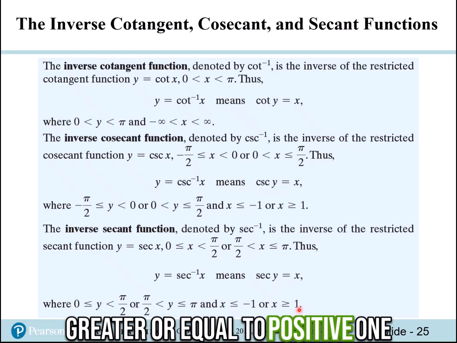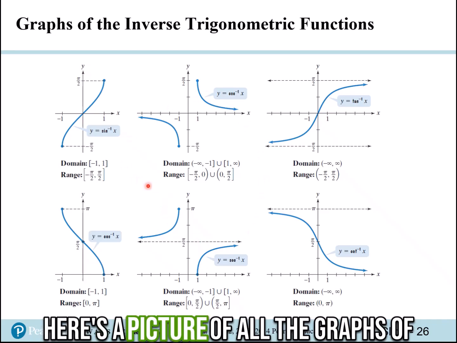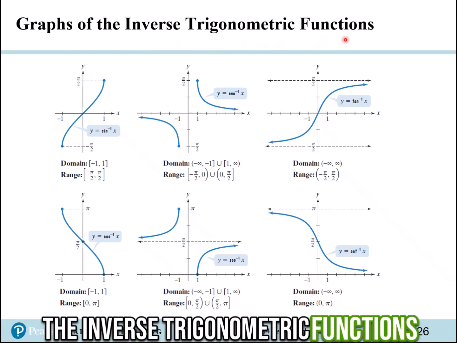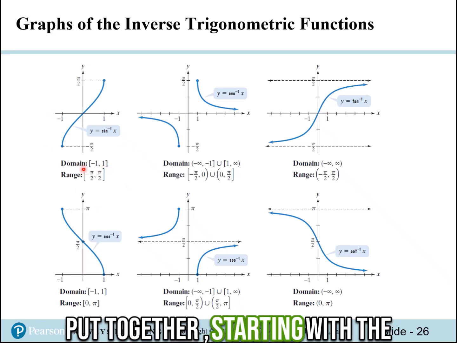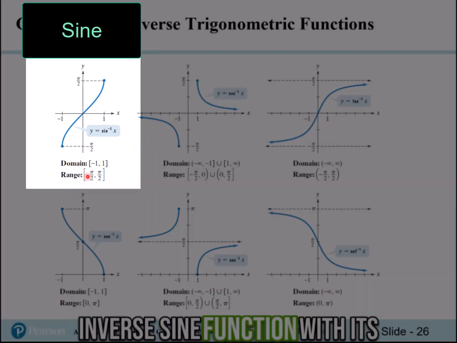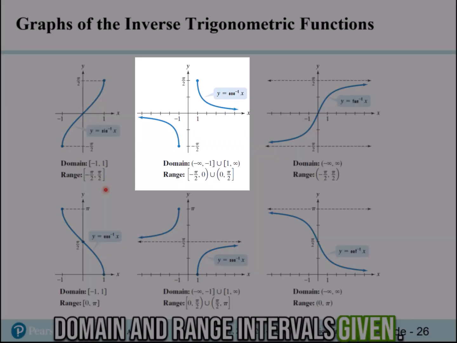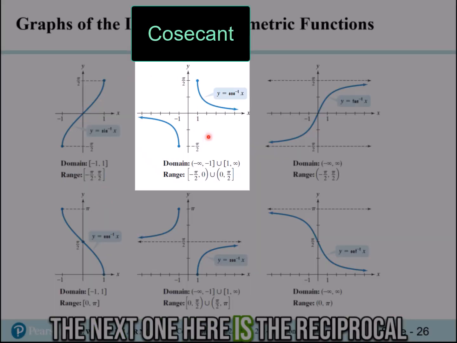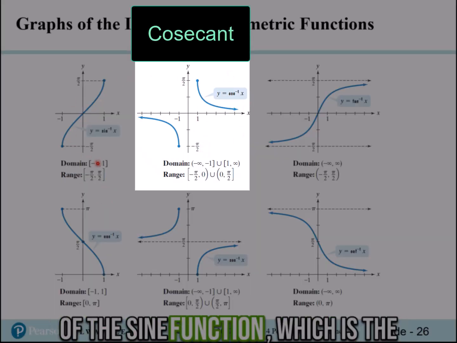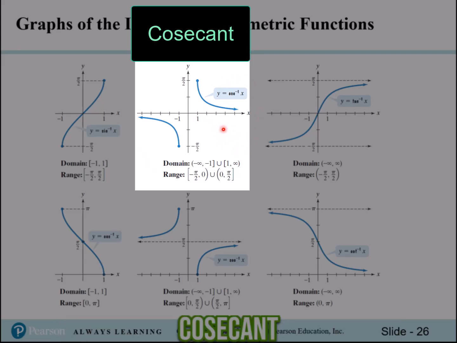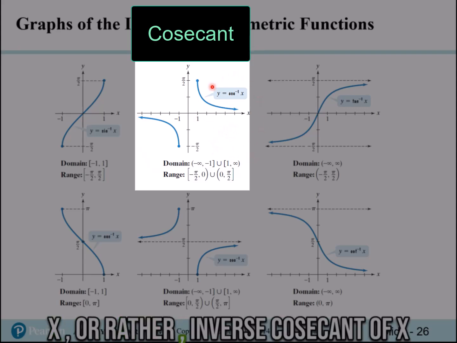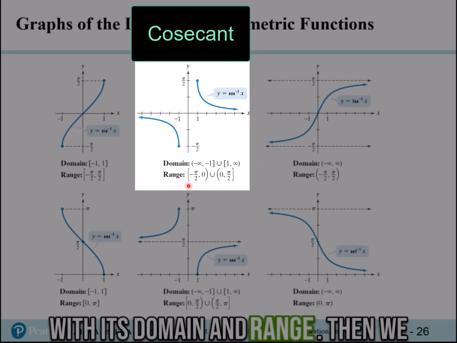Here's a picture of all the graphs of the inverse trigonometric functions put together, starting with the inverse sine function with its domain and range intervals given. The next one here is the reciprocal of the sine function, which is the cosecant of x, or rather inverse cosecant of x with its domain and range.